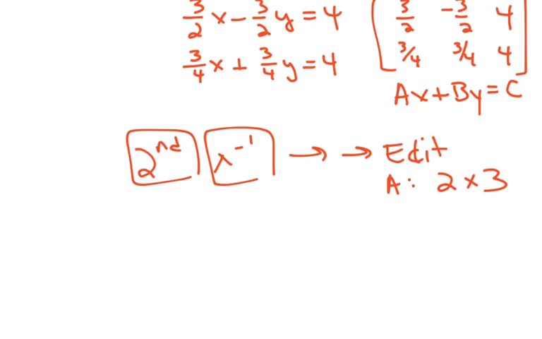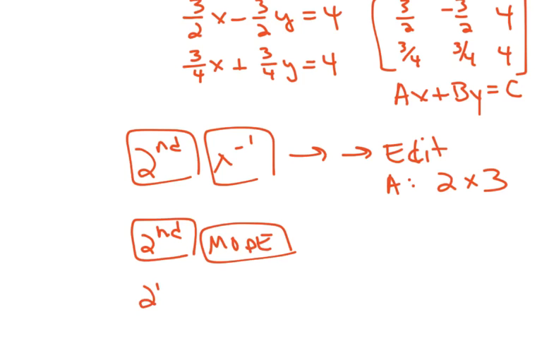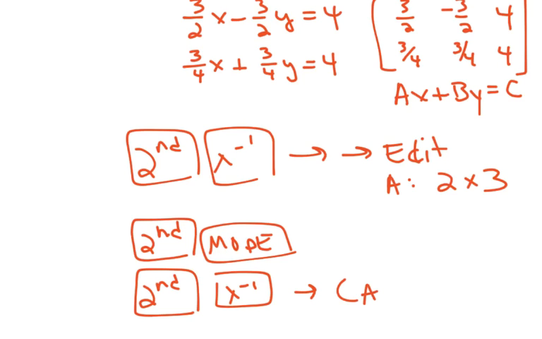When you're done typing the matrix in, you quit. And then you go back into matrix a second time, but this time you only go one to the right to calc. And you look for option B, RREF, open parentheses. That stands for reduced row echelon form, which is a very convoluted process for solving a matrix.